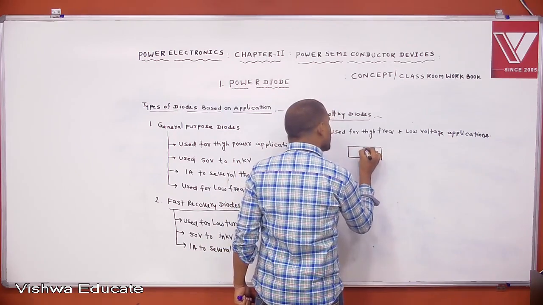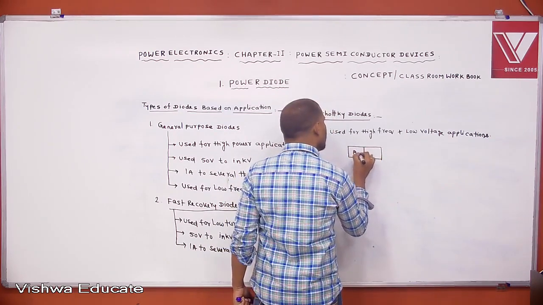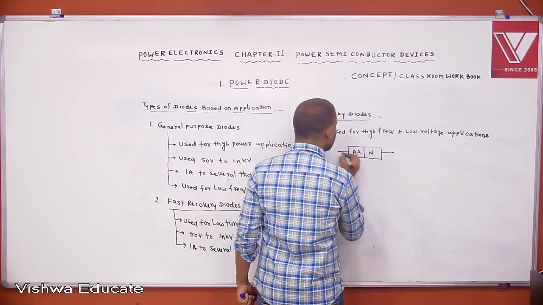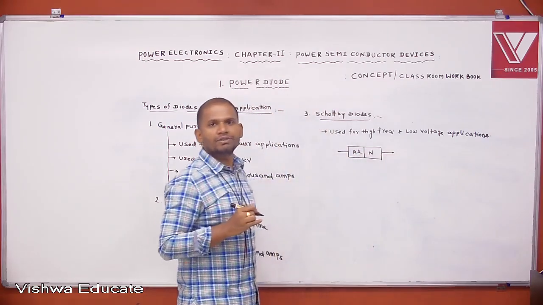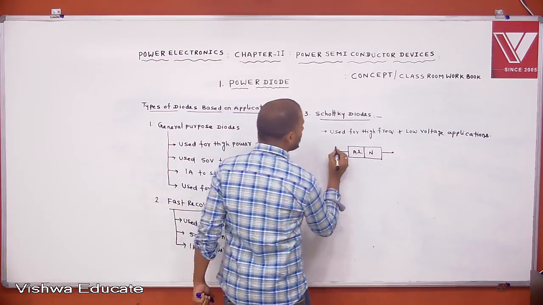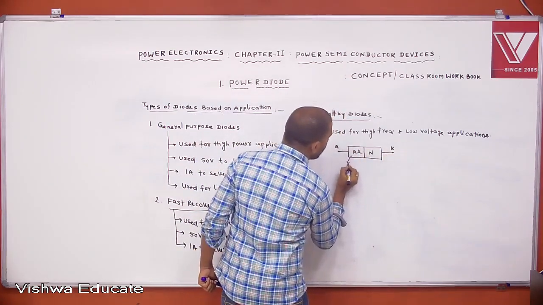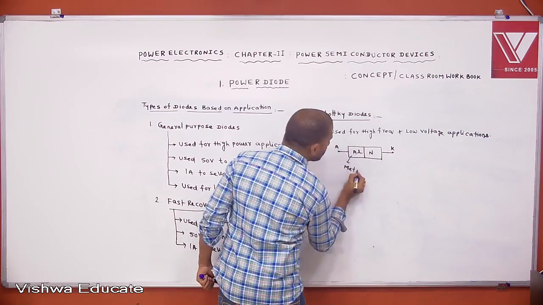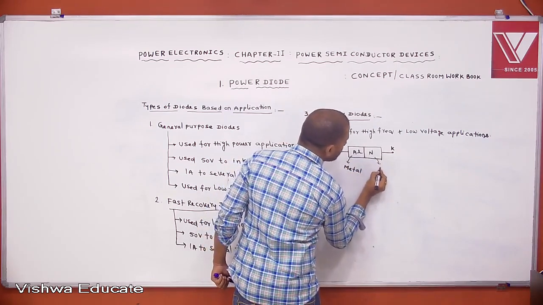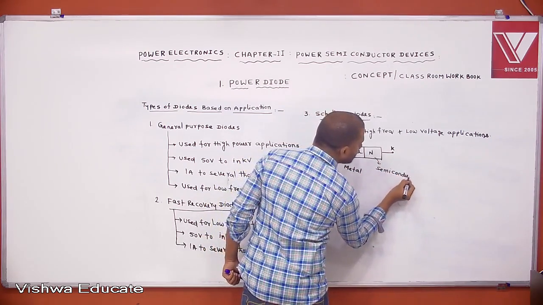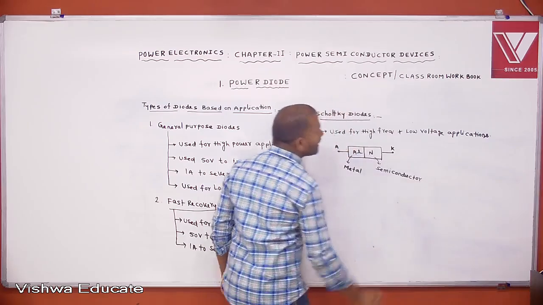This is the anode and this is the cathode. It is a combination of metal and semiconductor layer.